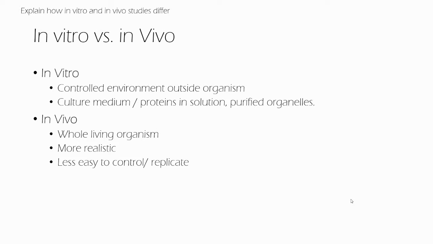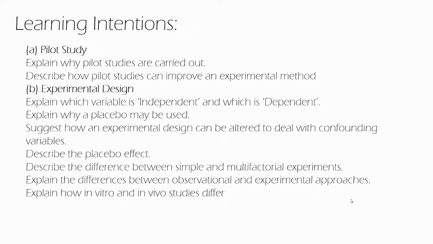An easy way to remember it, I find, is that IVF, test tube babies, in vitro fertilization, occurs outside the body. Normal fertilization would occur inside the body and would be in vivo, which refers to experimentation using a whole, live, in situ organism. While in vivo experiments are more realistic of natural conditions, they're more difficult to control and replicate. It's very difficult to get exactly the same thing to happen every time.